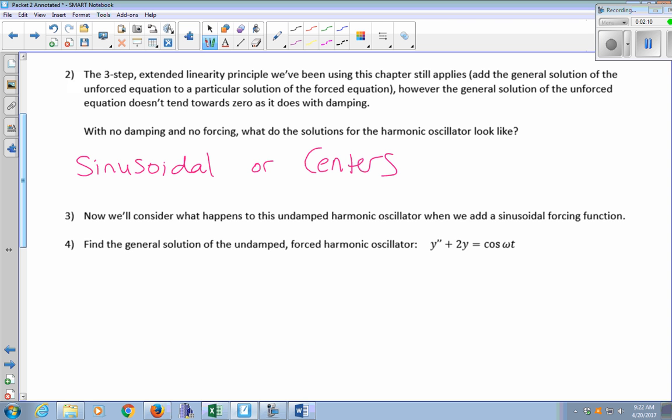So the frequency at which you apply your forcing function is going to make a huge difference in what happens to your system. And when you just keep amplifying the motion, it's called resonance. There are really cool applications of resonance that we're going to talk about.